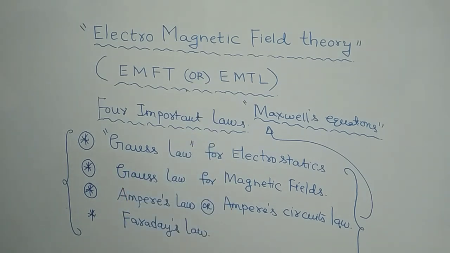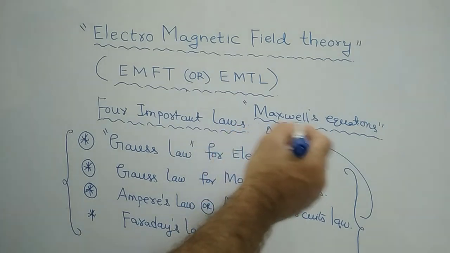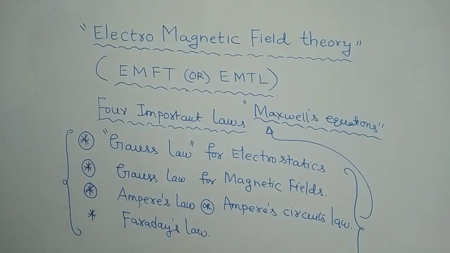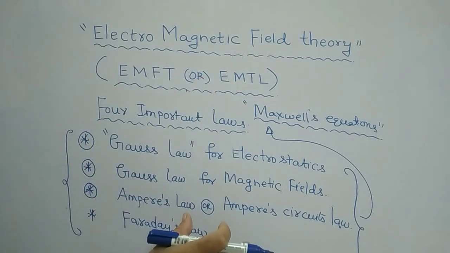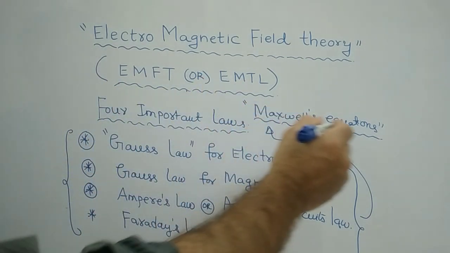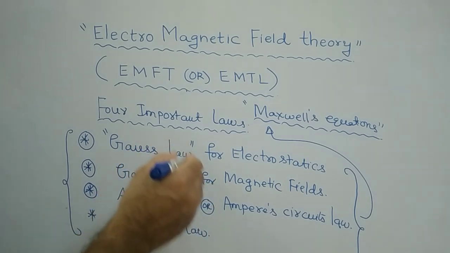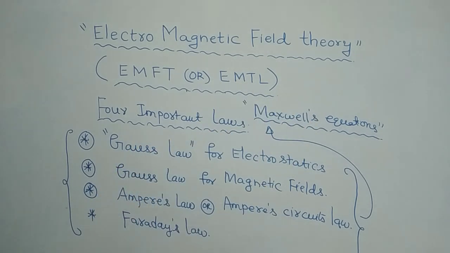The next unit will definitely be Maxwell's equations, which is the combination of both the electric field and the magnetic field. Under Maxwell's equations you will study these four laws elaborately.